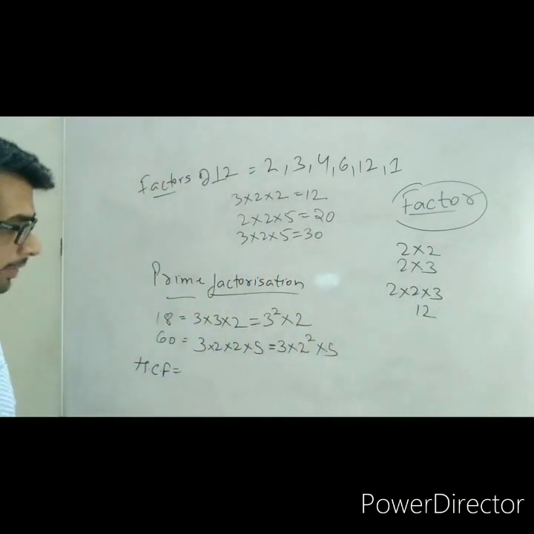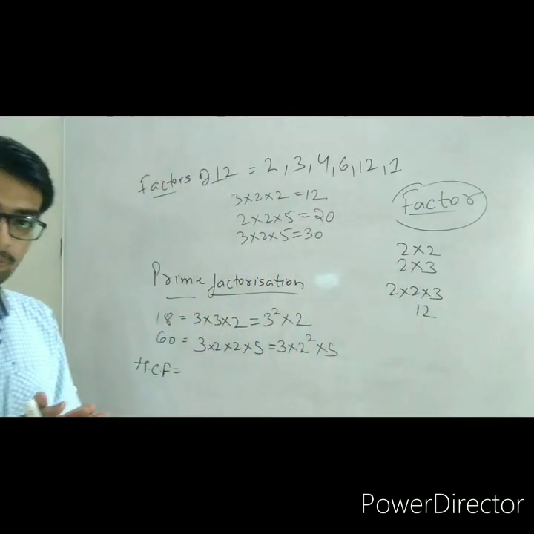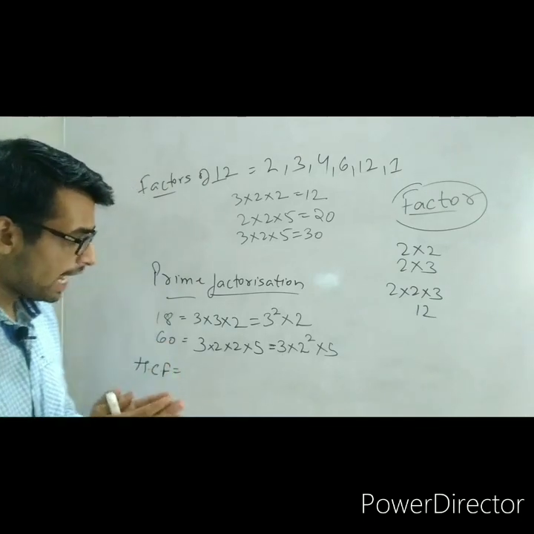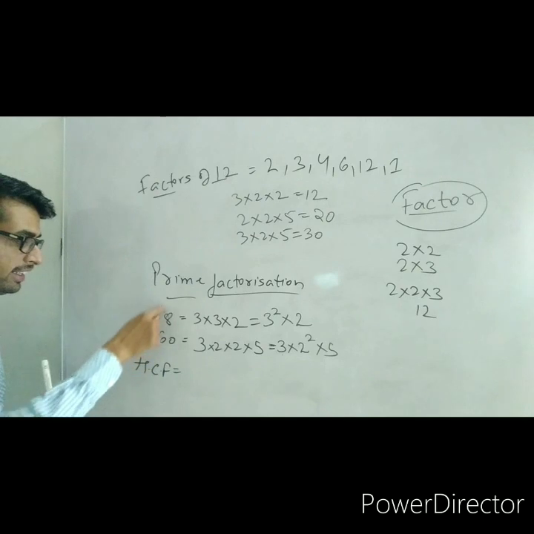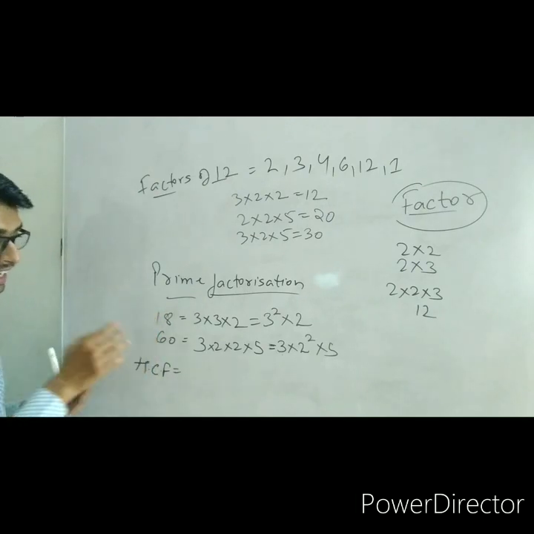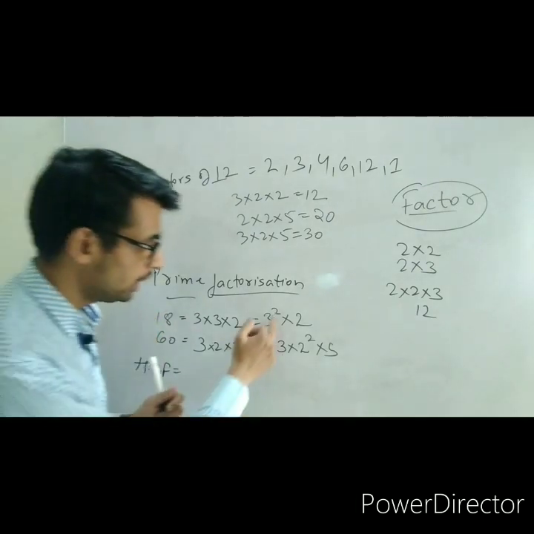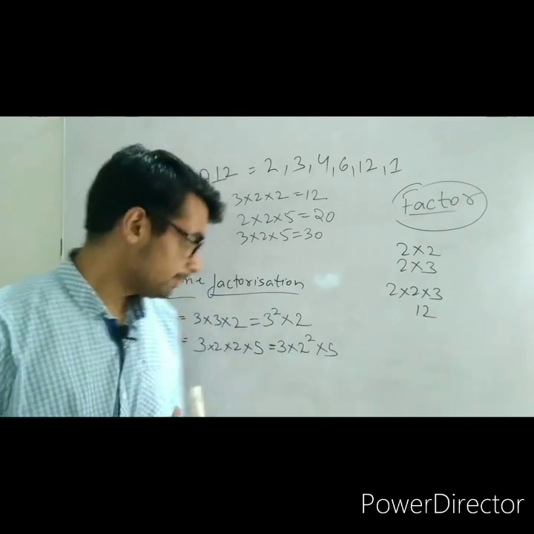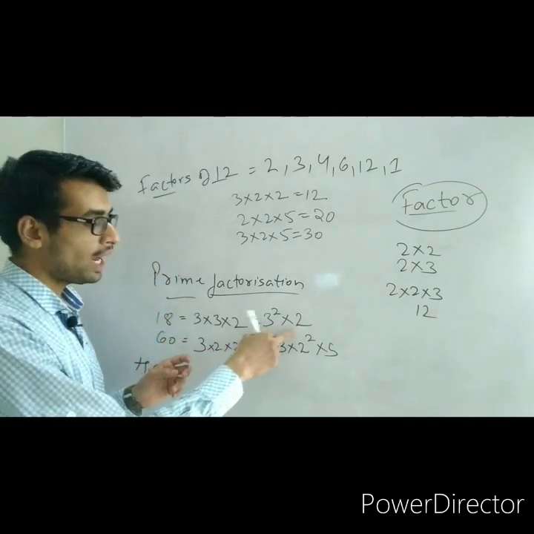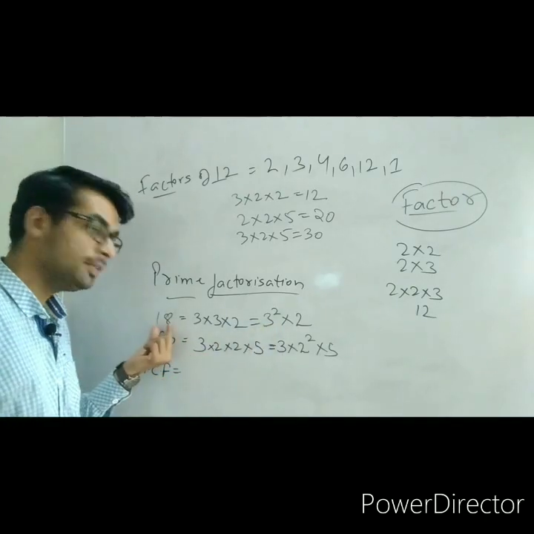So how can we do it? According to the rule, we have to choose the common factors of 18 and 60, and we have to find what is common in these two factorizations. One thing I forgot to tell you is that 3 and 2 are the prime factors of 18.